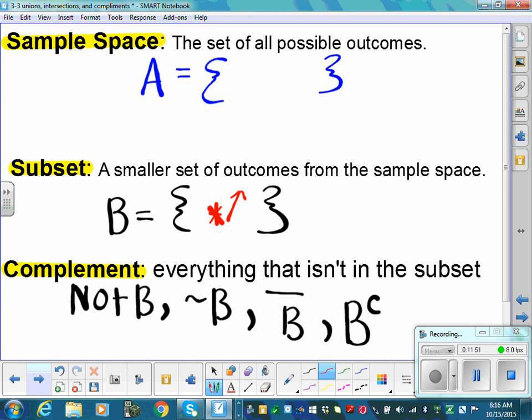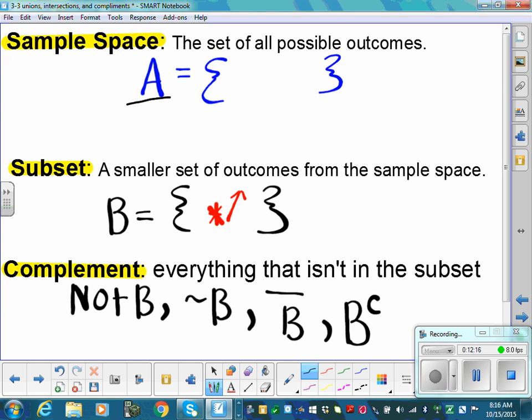So sample space. The sample space means the set of all possible outcomes. On my test, it's going to say list the sample space. It means all possible outcomes, okay? You're going to see it usually denoted as a capital letter. Notice how I said A is equal to, and then those fancy brackets are just a way of saying we have a set of these values.